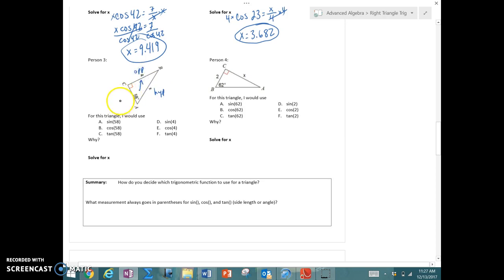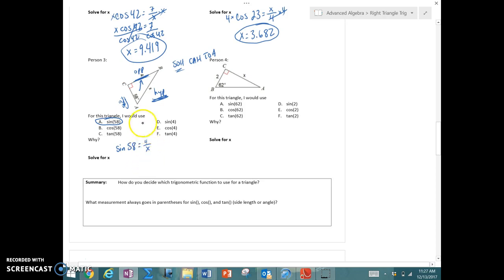Okay, number 3, the x is the hypotenuse, the 4 is the opposite. This side would then be the adjacent, but I care about opposite and hypotenuse, so I'm using SOHCAHTOA. Sine is opposite and hypotenuse, so I'm dealing with the sine of 58 here. When I go to solve for it, I do sine of 58 equals opposite, which is 4, over hypotenuse, which is x.